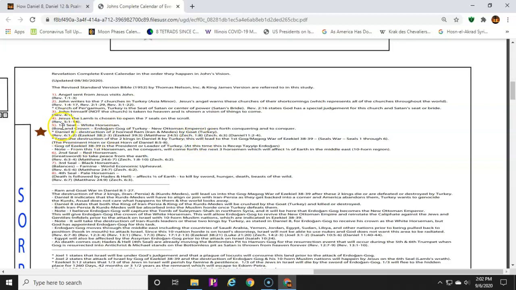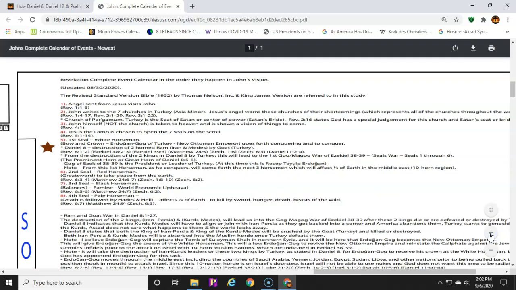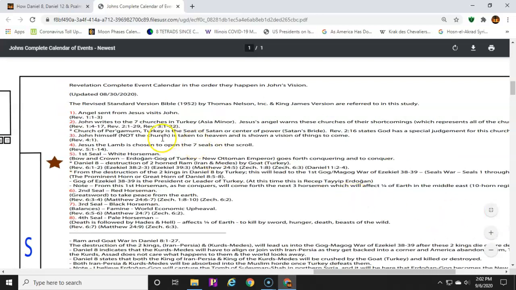But I wanted to explain how the white horseman, I believe, is Erdogan. I've gone through this text file, and I'm not done with any of this. I'm adding to it constantly, but as you can see in step 5, Erdogan will be the new Ottoman emperor.